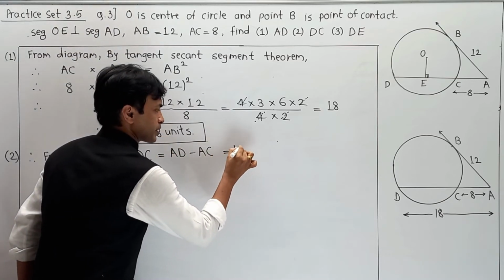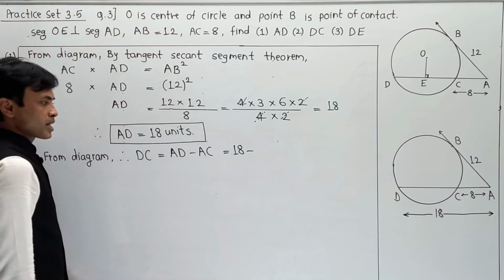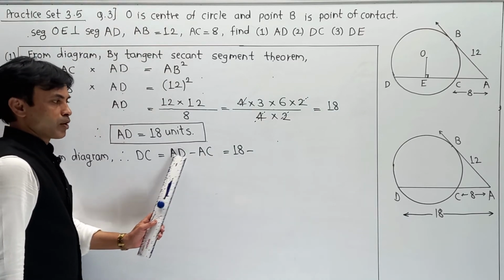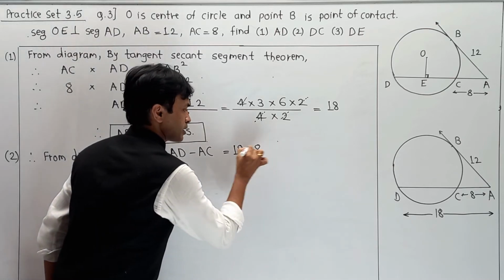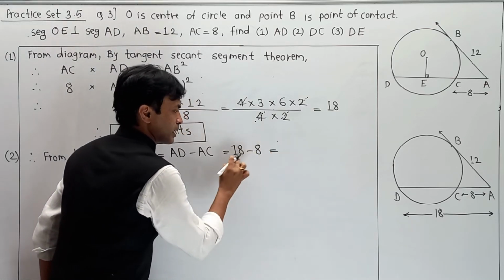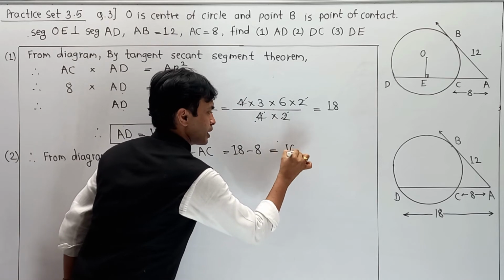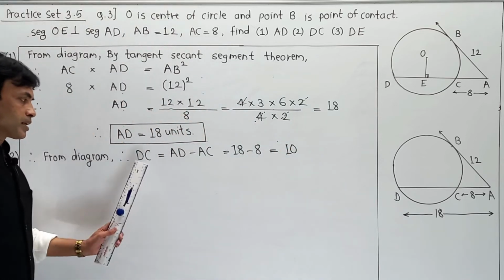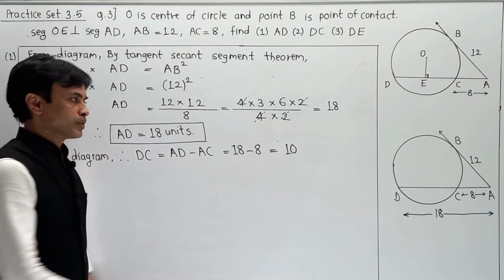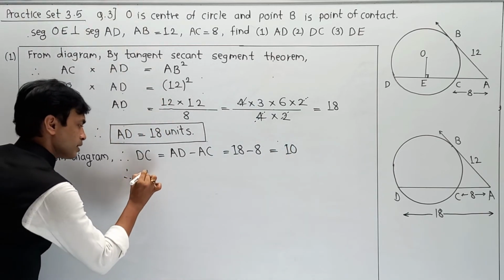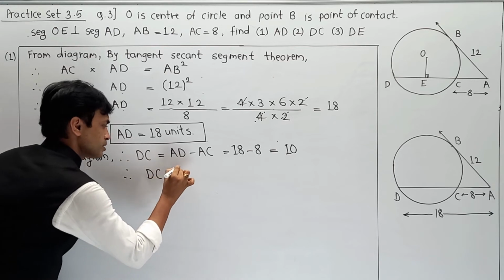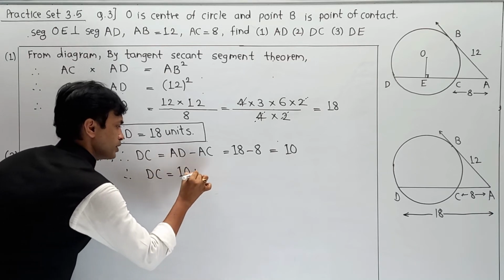So it becomes 18 minus the value of AC. The value of AC is given as 8. Naturally, 18 minus 8 becomes 10. So your second answer: DC is equal to 10 units.